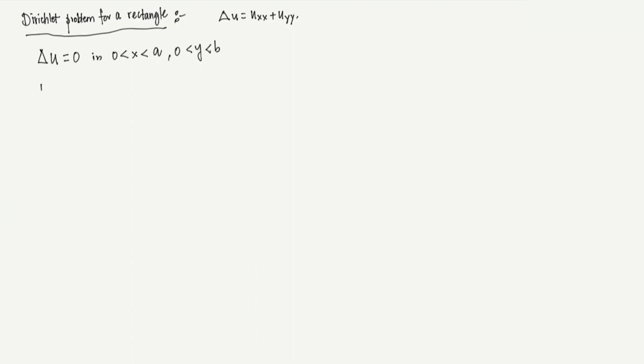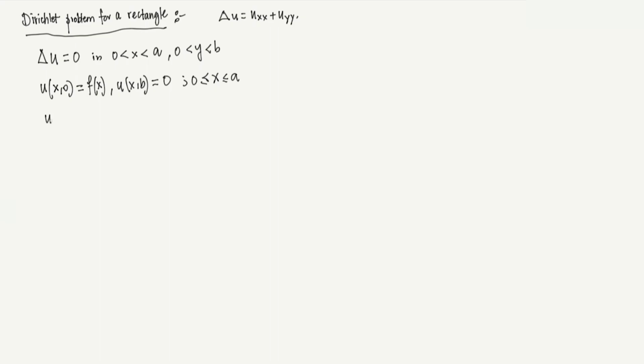Now there are some conditions which we will put here: u of (x,0) equals f of x, and u of (x,b) equals 0, for x between 0 and a.